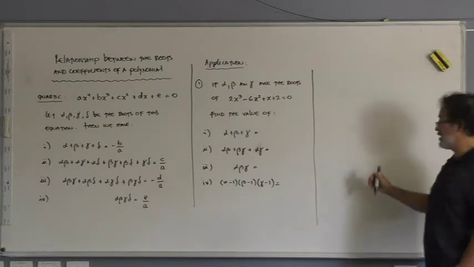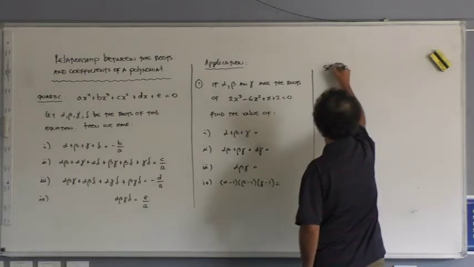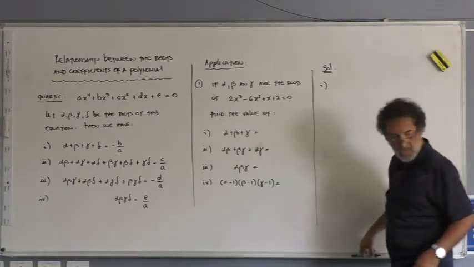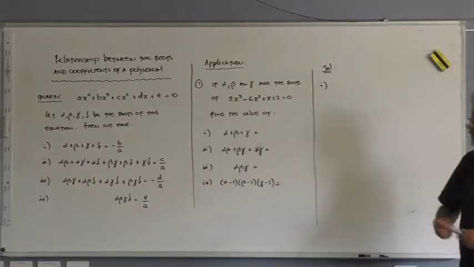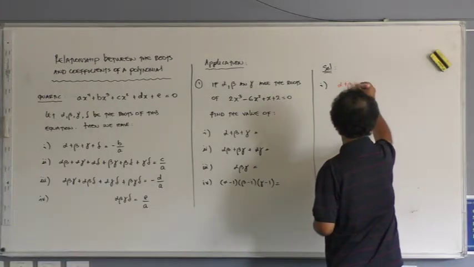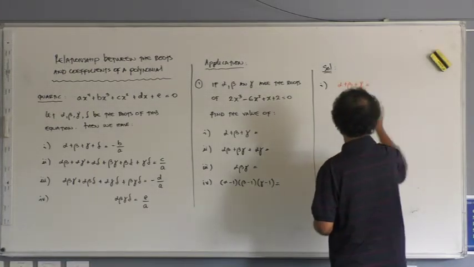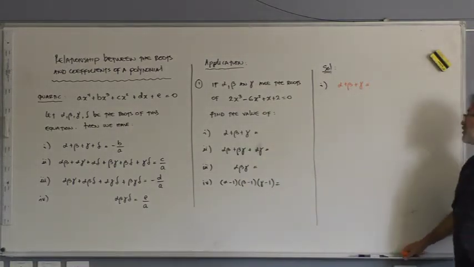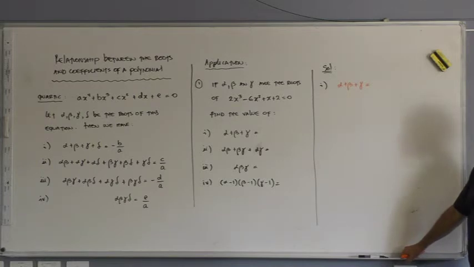All right, so then you say solution. Okay, so we know that when you add alpha plus beta plus gamma, regardless of what the polynomial is, it's always equal to minus b on a.